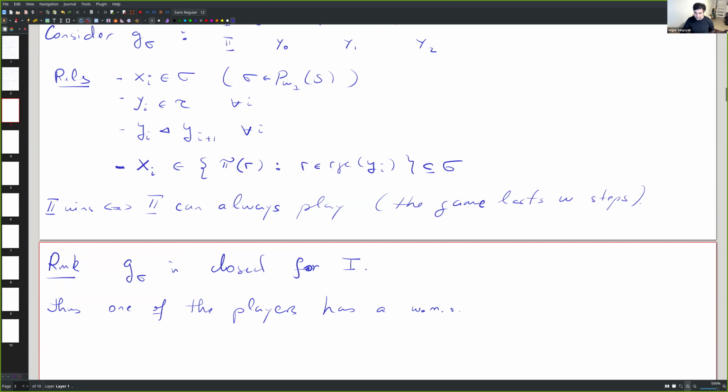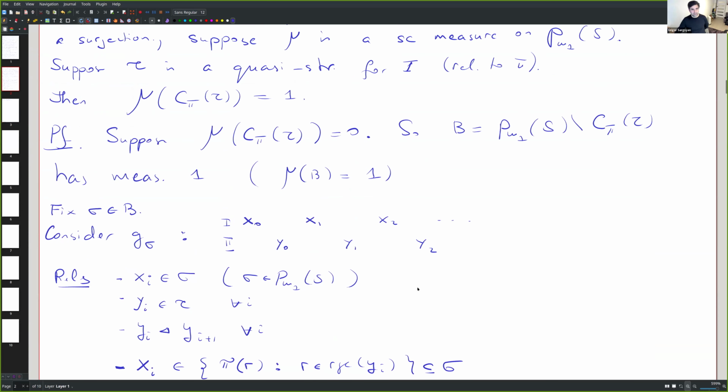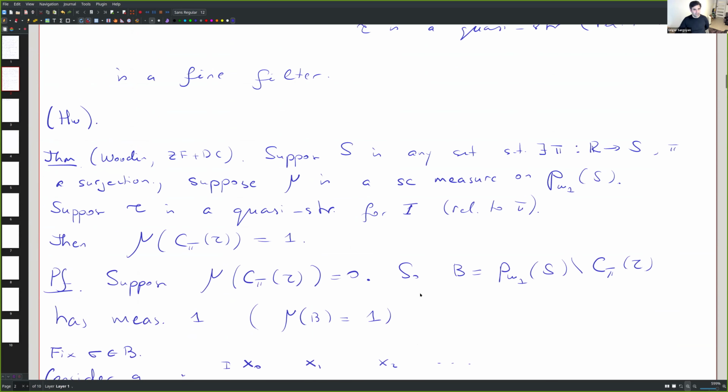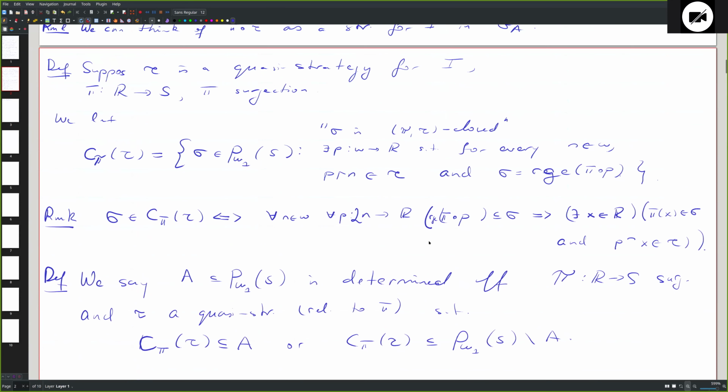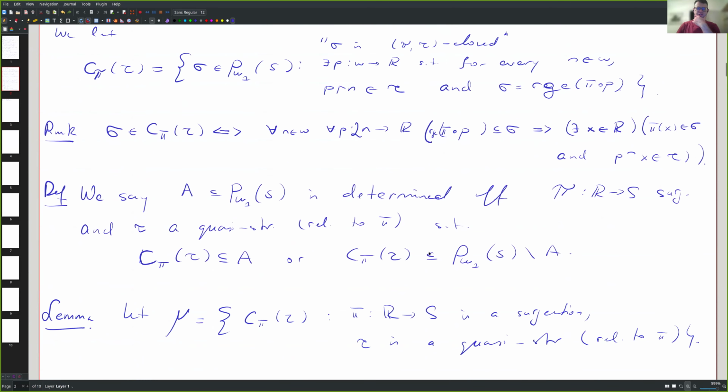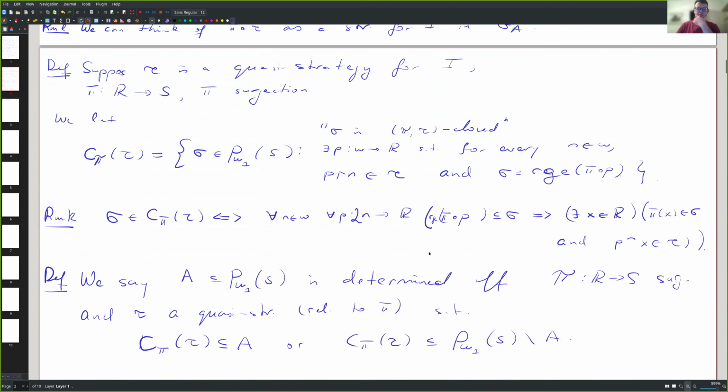Yes, but I don't want to use quasi-strategy because in this proof it had a very specific notion.